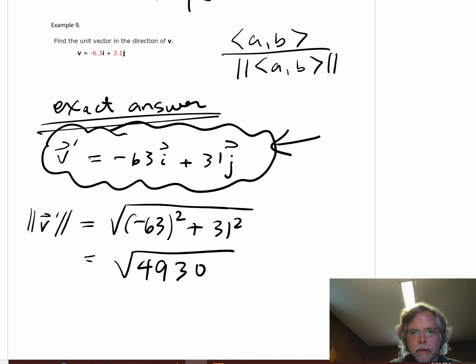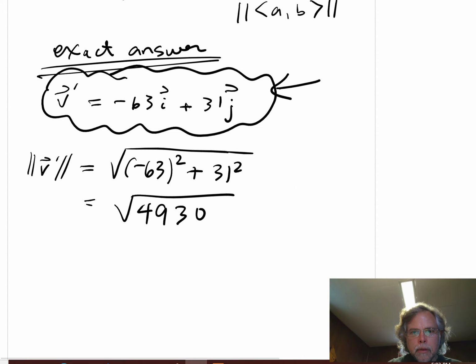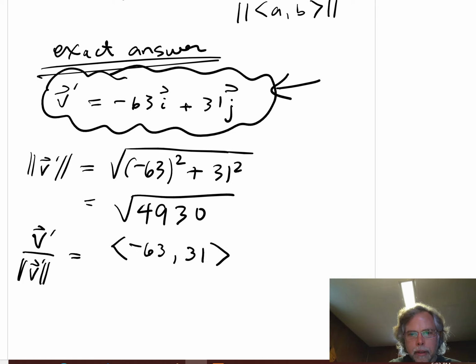And our answer then for a unit vector in the same direction as v is, working with v prime here, negative 63, 31 divided by the length of v prime, square root of 4,930.